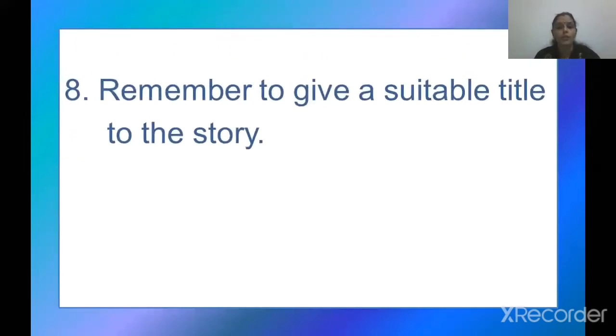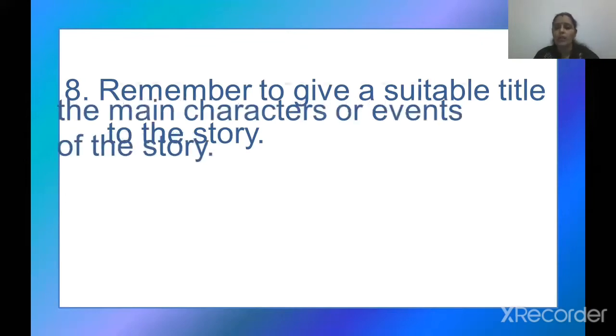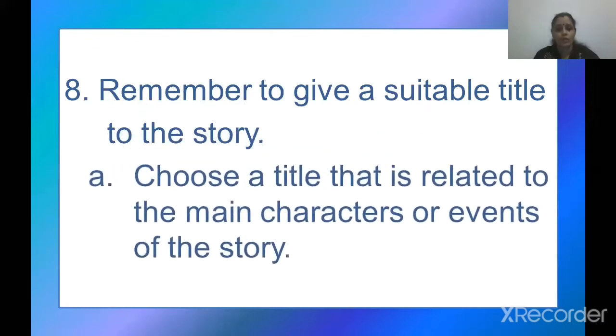Remember to give a suitable title to the story. Like everything else, we need to give a suitable title to the story. Now the title can be something related to the characters in the story or the sequence or events of the story.